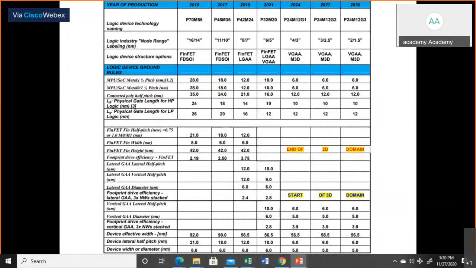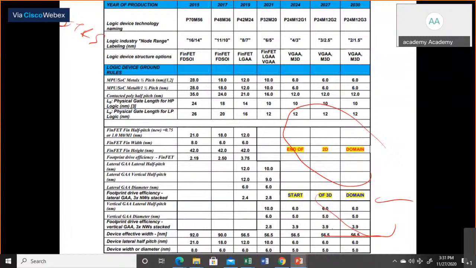Okay. So this is a big list, with the end of the domain and the start of the domain. You can see here, this is the end of the domain and the start of the domain. This table is basically shown by the ITRS, the International Technology Roadmap of Semiconductors. This is an international organization which predicts what the future will be after 10 years.